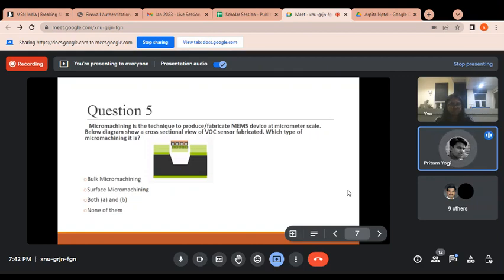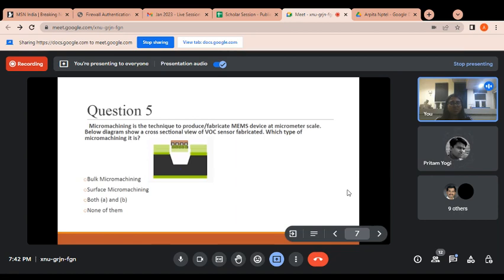We have to remove most of the part, like 80 microns, and only 20 microns of size we need as our device. That is, I think, bulk micromachining. We are removing the bulk part of the wafer or substrate. In surface micromachining, we are just removing a little, 20% or 10% of the surface area, to structure our device on the surface of the wafer.